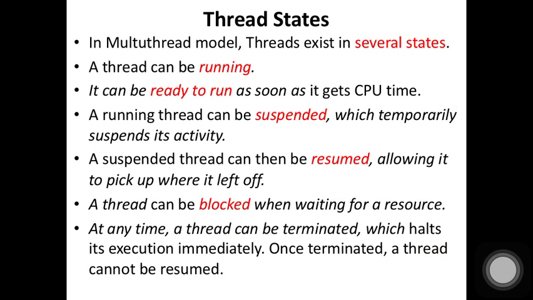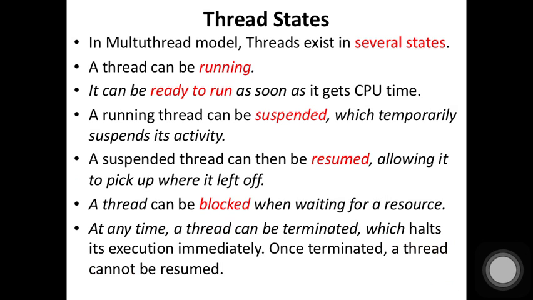Whenever a thread is suspended temporarily by waiting for a certain resource or by waiting for IO, or sometimes it may be because some sleep method was called. Sometimes the suspended thread can be resumed, allowing it to pick up where it left off, and once resumed it makes use of the CPU and gets into the ready to run state.